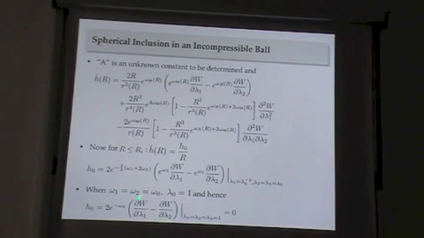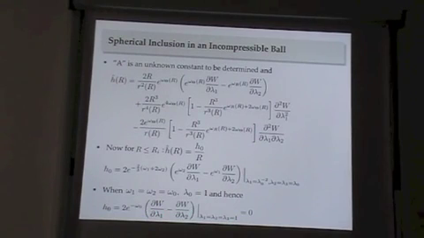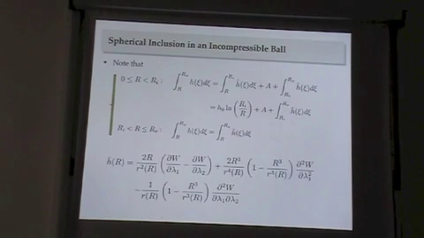When omega 1 and 2 are equal, you could show that no matter what this isotropic solid is, h0 is 0. So h prime is 0, and you could show that your pressure inside the inclusion is constant. Remember I had these integral terms for calculating pressure.